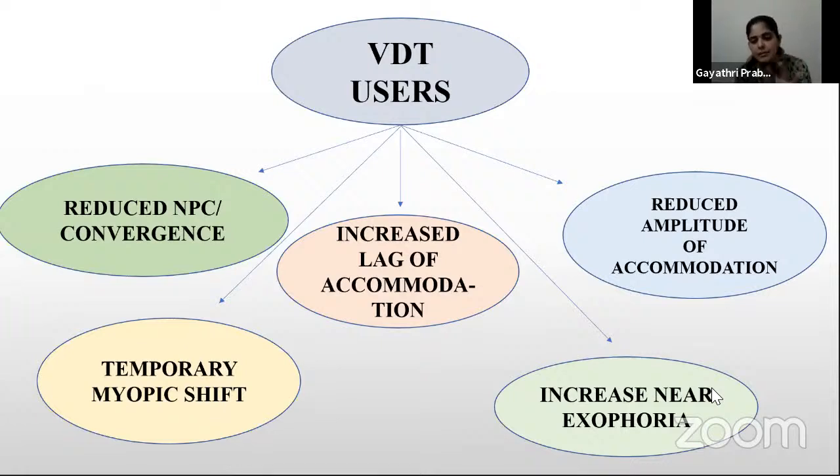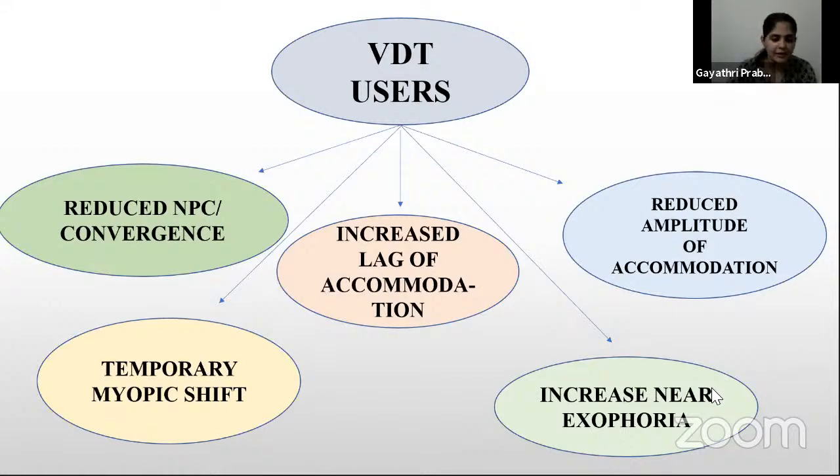These changes in their accommodative and vergence parameters were temporary changes, and they were not permanent. Which means that once the person stops using these devices, these effects remain for, say, 1 hour or 2 hours, not beyond that. It doesn't go beyond 2-3 hours of when the screen use is stopped.